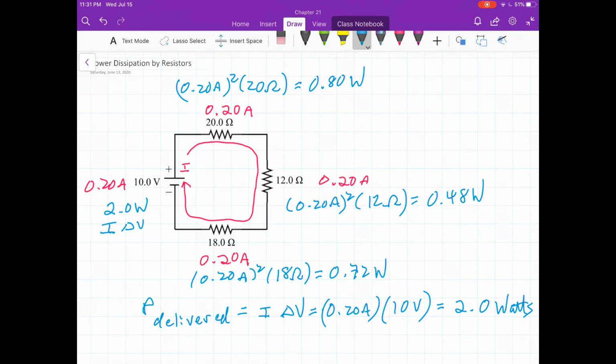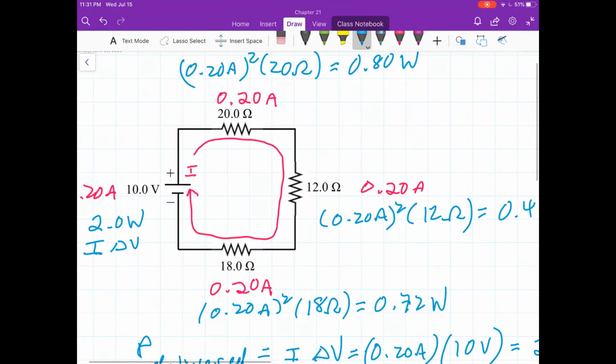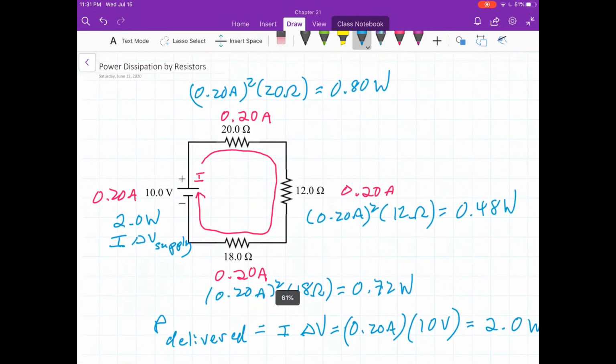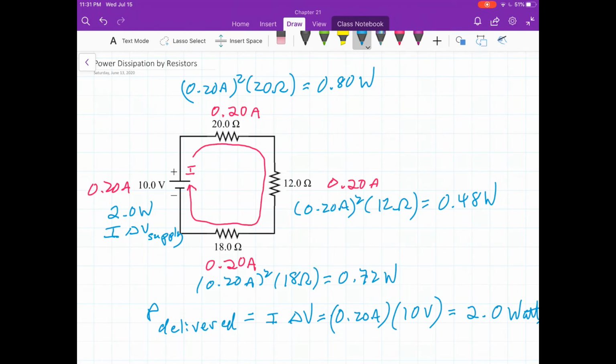What's delivered from the supply, I like to use the current I times delta V of the supply. Let me be explicit there and write delta V supply. The power delivered. And we find that's 2 watts.